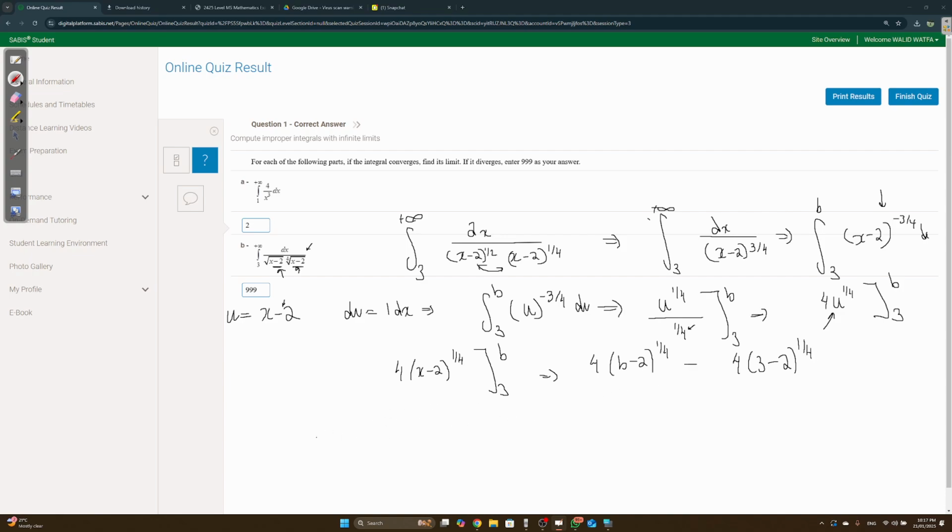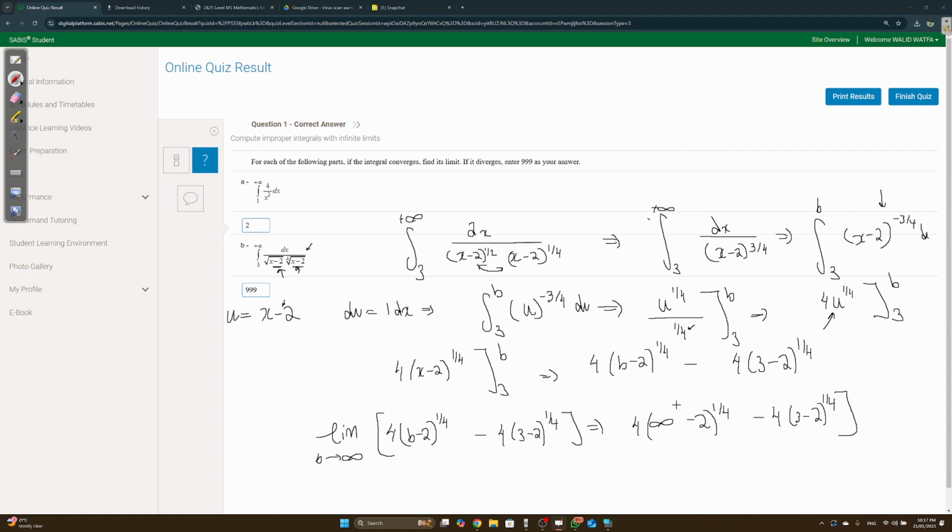Remember, we say limit b approaches infinity of this, so you're going to write the limit of 4 times b minus 2 to the power 1 over 4 minus 4 times 3 minus 2 to the power 1 over 4. You can write 2 arrows, substitute now b with infinity. 4 times infinity minus 2 to the power of 1 over 4 minus 4 times 3 minus 2 to the power of 1 over 4.